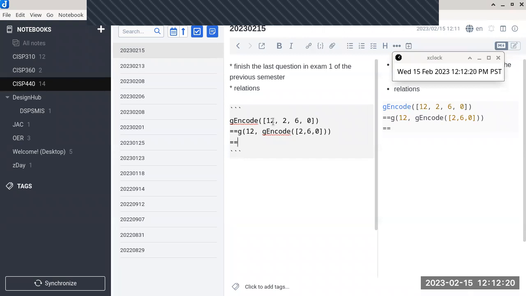All right, so then what do we do? We cannot do anything until we find out what is G encode of 260. So now we have G encode of 260.